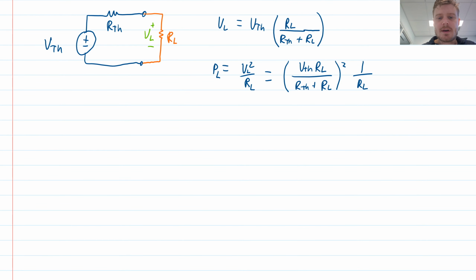We can simplify a little bit: the RLs, since we have RL squared on the top, divide through. Here's what we'll be left with: V Thevenin over R Thevenin plus RL, all of that squared, multiplied by just RL. This is the power that will be dissipated in the load.